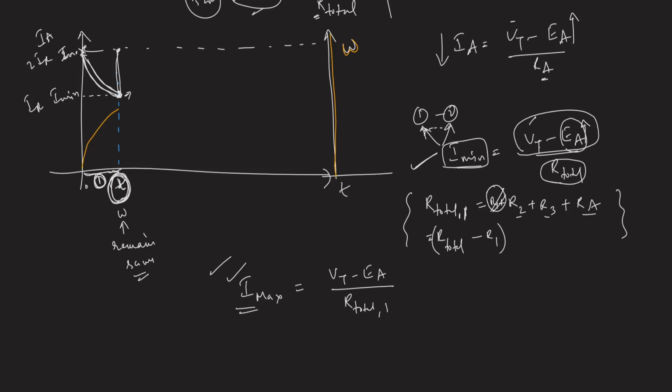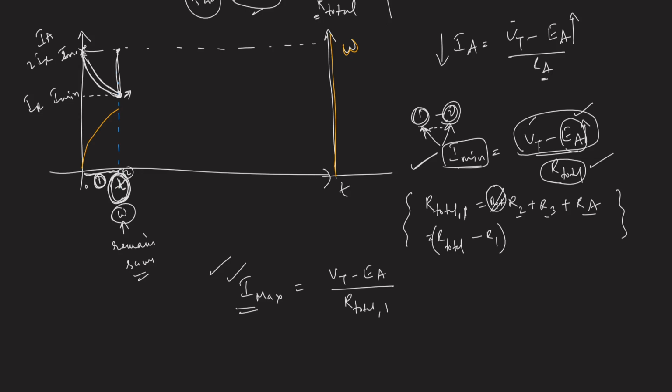I have not removed any resistance in the starter, so R total is there. Now after moving from stud 1 to stud 2, at the same instant omega remains the same, that means EA remains the same, but R total changes to R total comma 1, that is R total minus R1, right?